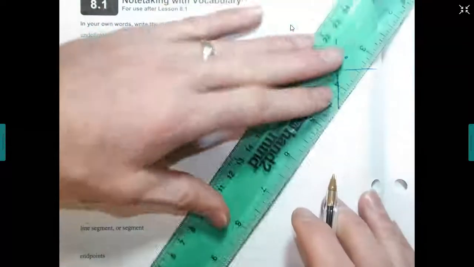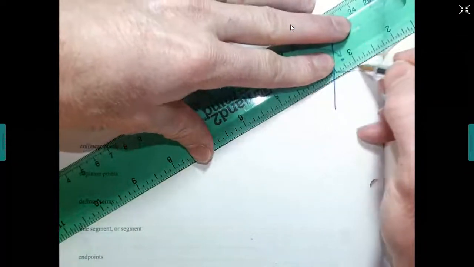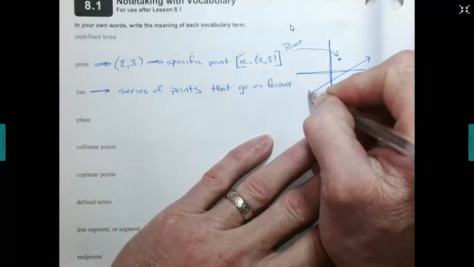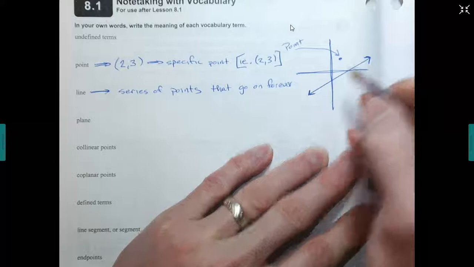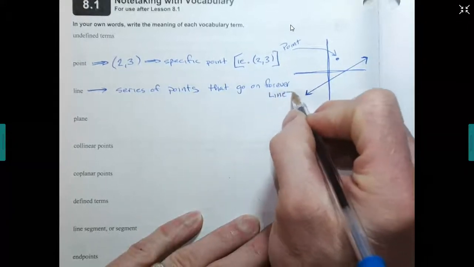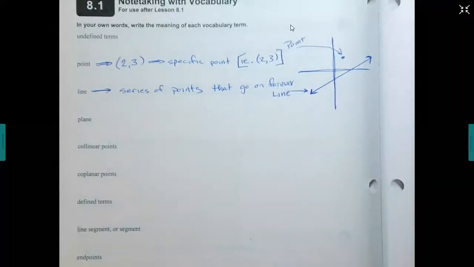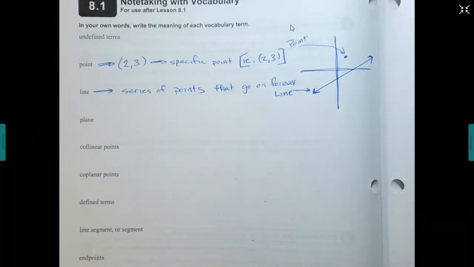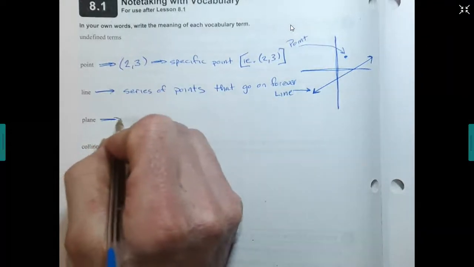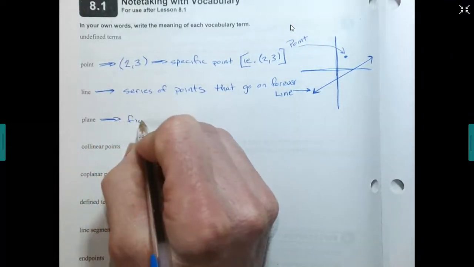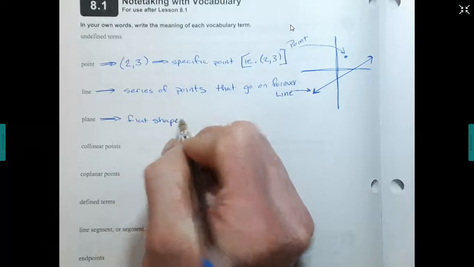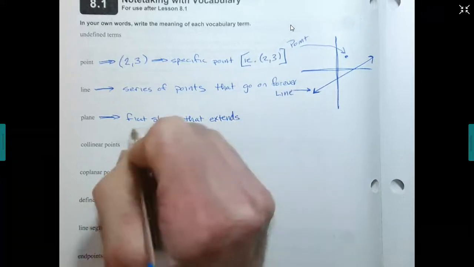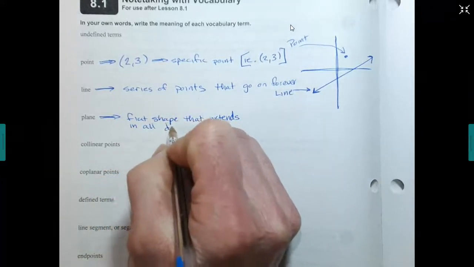So let's take a line. So here's a line, and if you notice, let's have arrows on either side of it. So there is your line. Now a plane is a flat shape that extends in all directions.